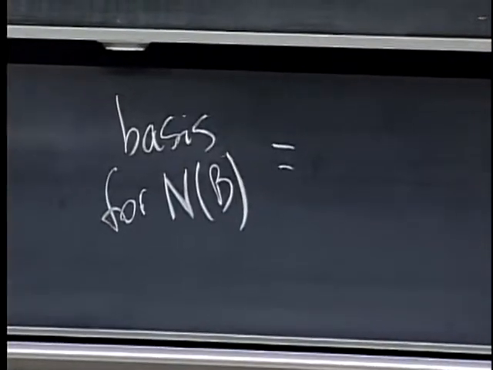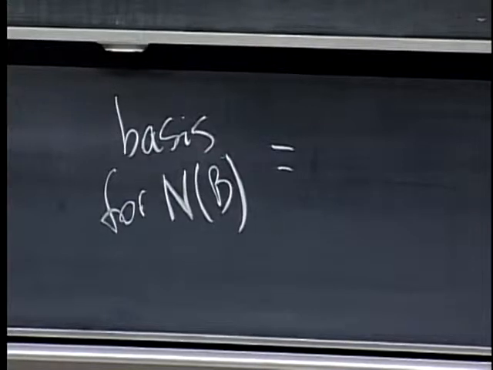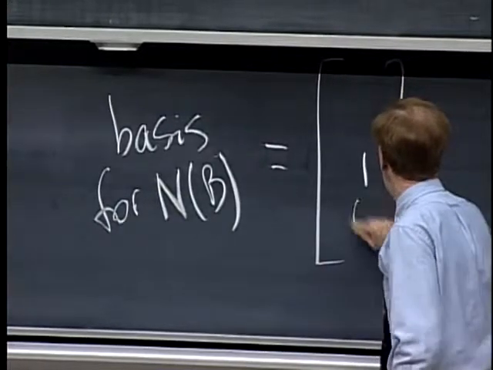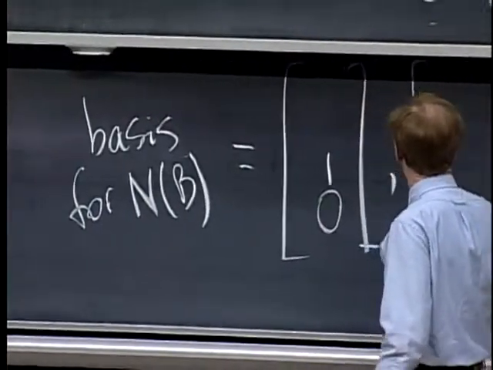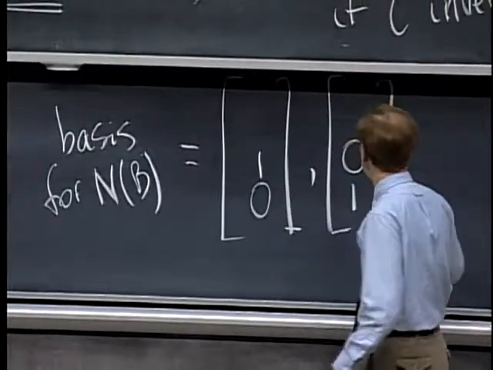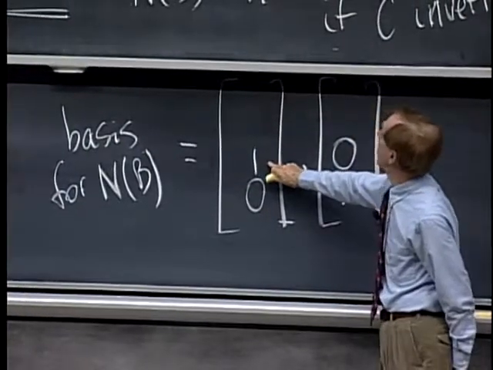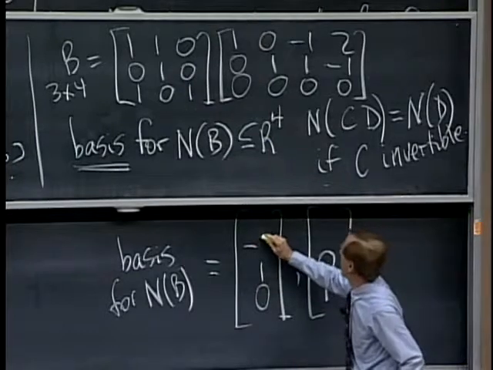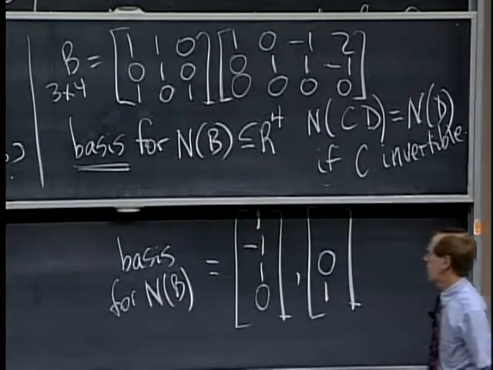It clearly has rank 2. I'm looking for the two special solutions. They'll come from the third and the fourth, the free variables. Okay, so if the third free variable is a 1, then I think probably I need a -1 there and a 1 there, it looks like.